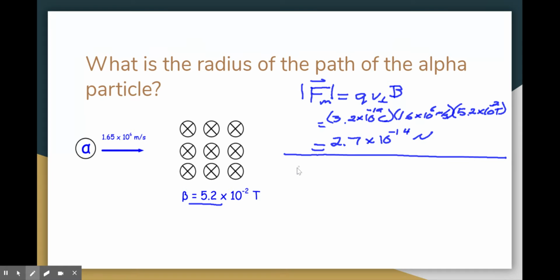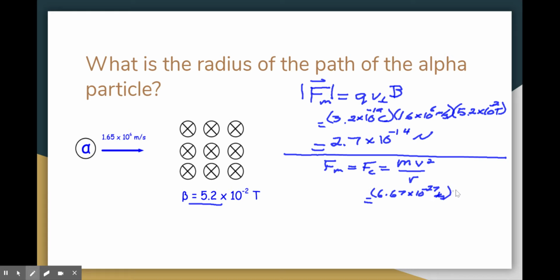Then we have to consider that that magnetic force causes this centripetal motion. As it enters this magnetic field, the force is always perpendicular, so it always equals the centripetal force, and the formula we'll use now is that centripetal force is mv squared over r. And we have all the information we need. It's an alpha particle, we can look up its mass. It's 6.67 times 10 to the minus 27 kilograms.